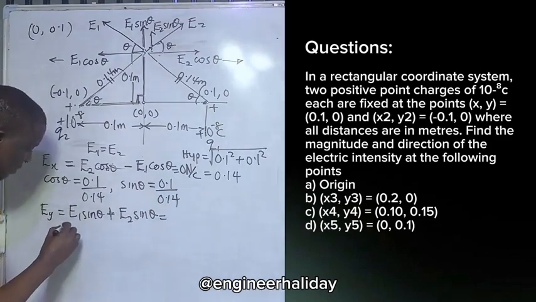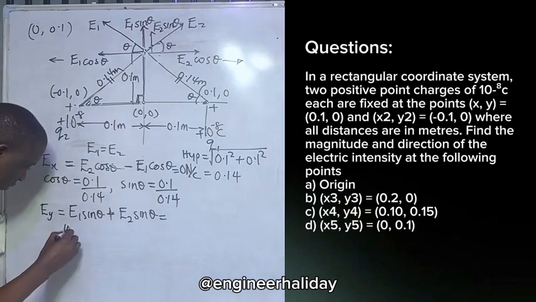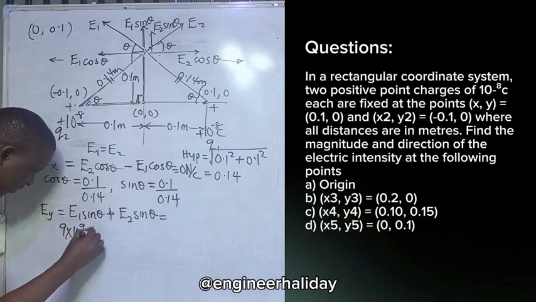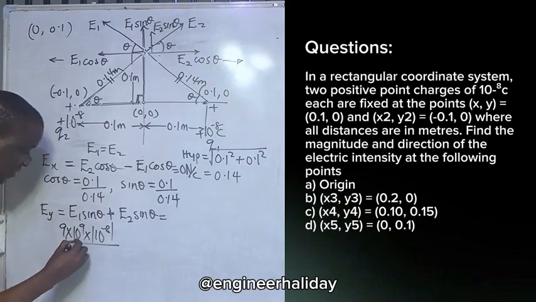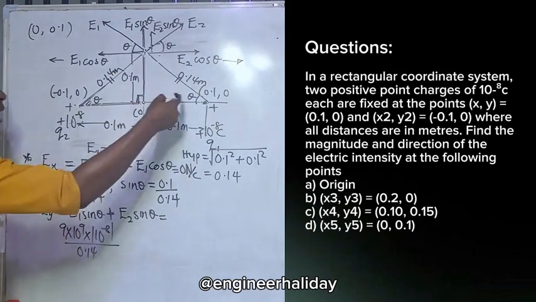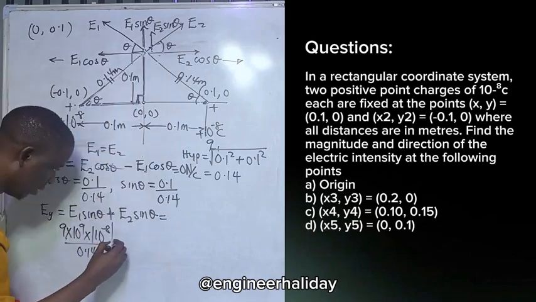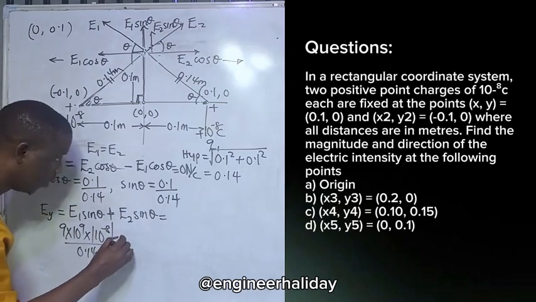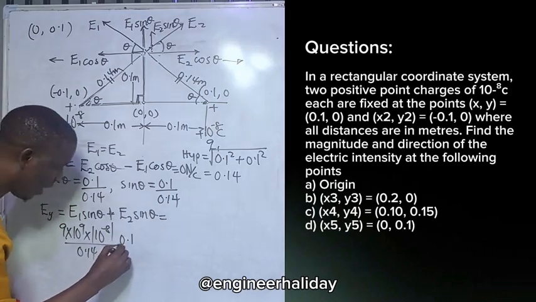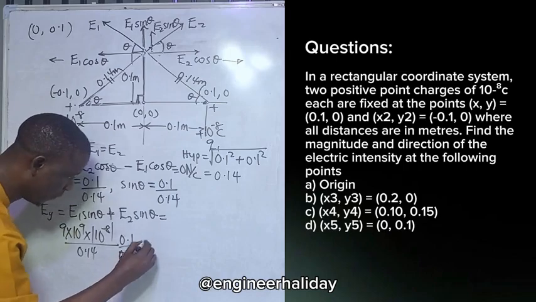Then along the y-axis, we now have what? 9 times 10 to the power 9 times what? Q1 is 10 to the power minus 8 divided by the distance of separation 0.14 from that test charge, squared. Now sin theta is what? 0.1 divided by 0.14.